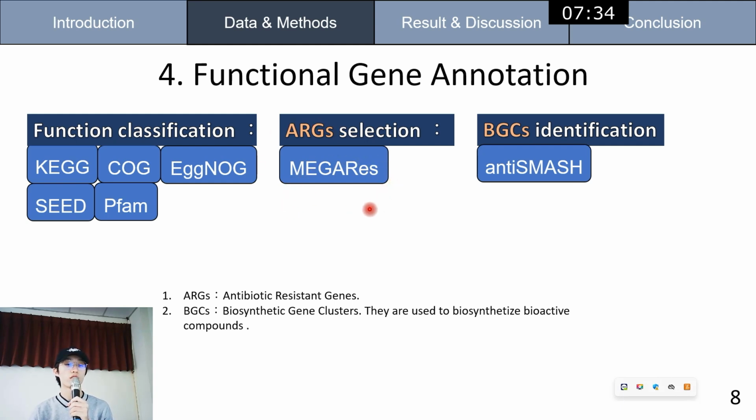What are ARGs? They are antibiotic resistance genes. And then we do BGC identification using antiSMASH, which is software for doing this. What are BGCs? They are biosynthetic gene clusters, and they are used to biosynthesize bioactive compounds.